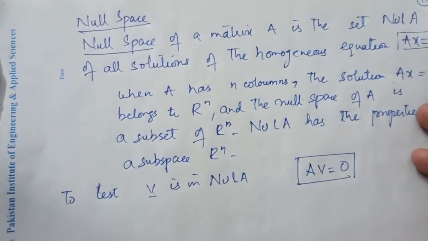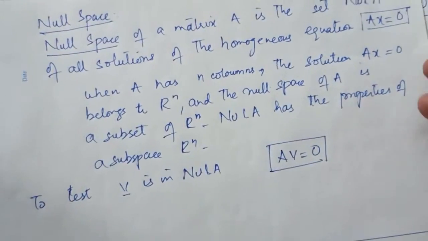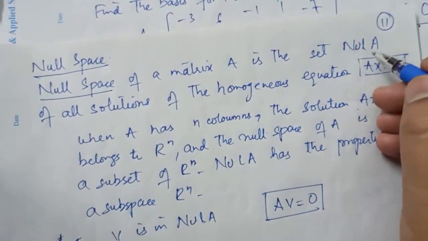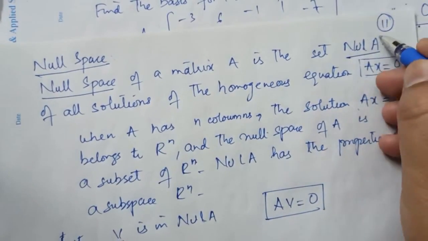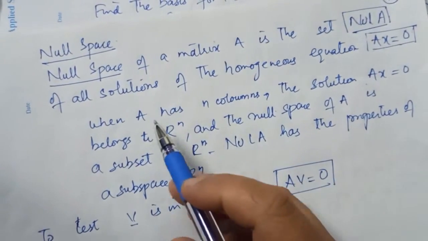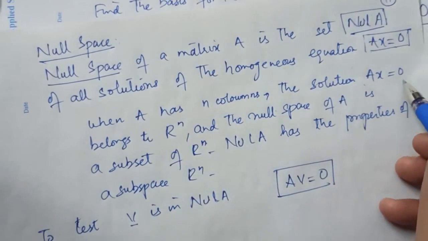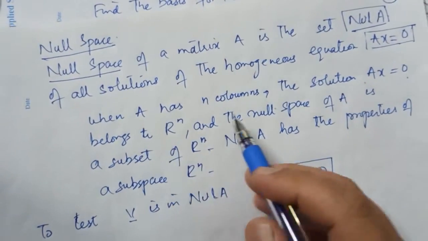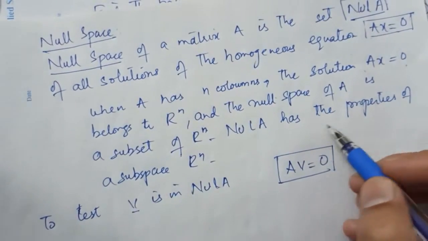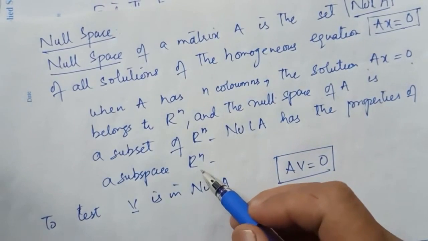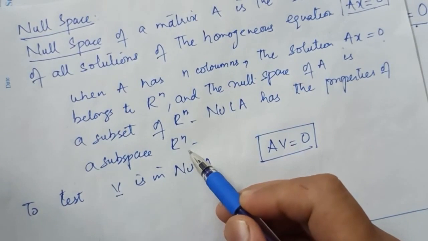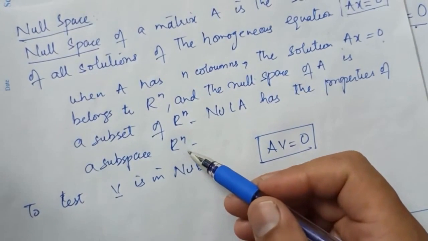It means that for all the possible scenarios in which Ax is equal to 0, the set of all such vectors is defined by Nul A. When A has n columns, the solutions of Ax equals 0 belong to R^n, and the null space of A is a subset of R^n. The null space has the same properties as R^n, and as I defined earlier, it is also a subspace of R^n. Similarly, the column space is also a subspace of R^n.